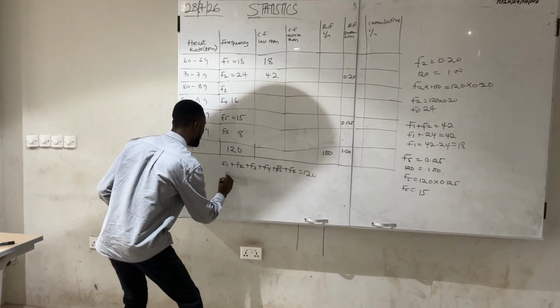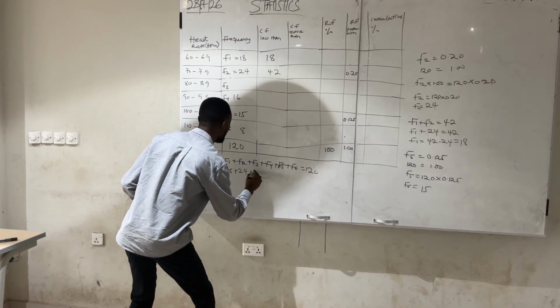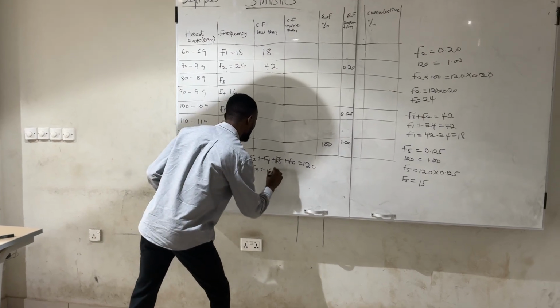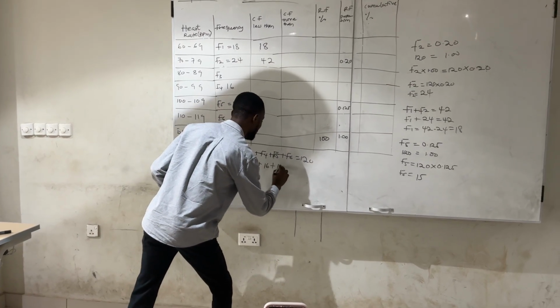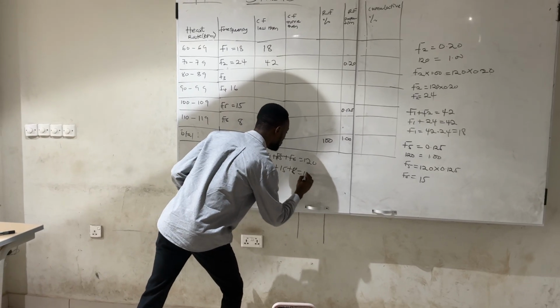F1 is 18, F2 is 24, F3 we don't know, plus F4, which is 16, plus F5, which is 15, plus 8, gives us 120.